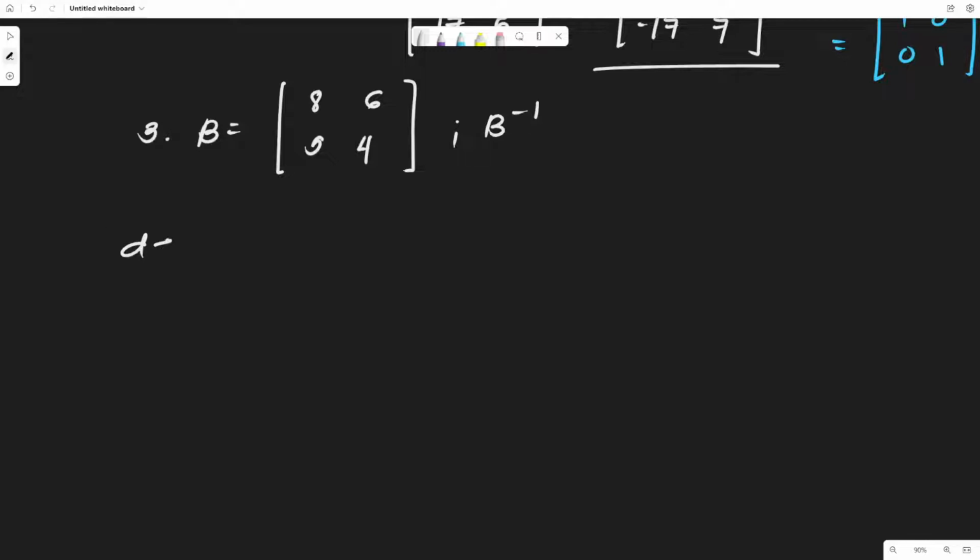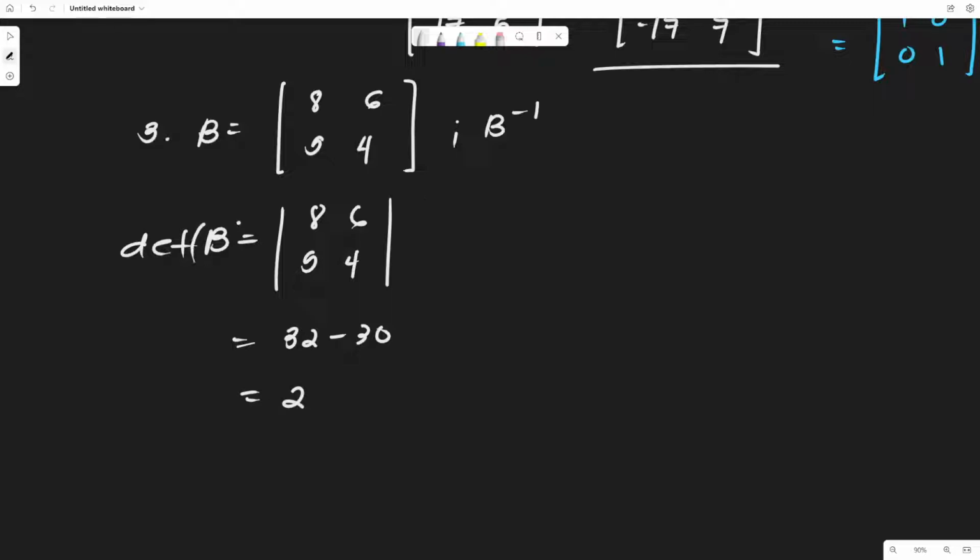So the determinant of B is 8 times 4, which is 32, minus 30. So the determinant of B is equal to 2. So we have 1/2, then our adjugate matrix.